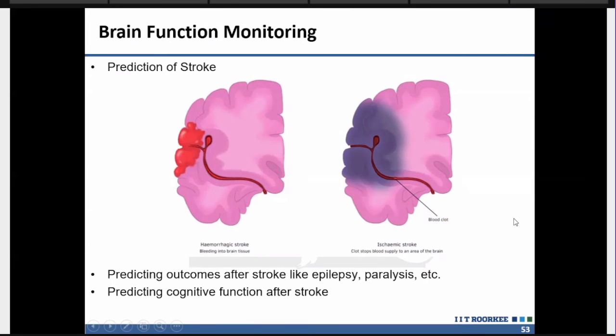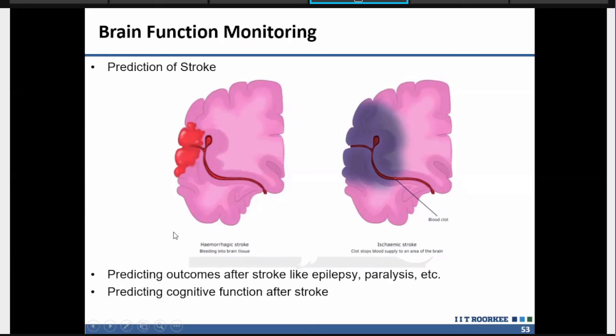Brain function monitoring can also be done using EEG signals, like prediction of strokes. For example, if there is bleeding into brain tissues and someone wants to diagnose it, we can use EEG signals to understand whether there are any abnormal signals from that side.